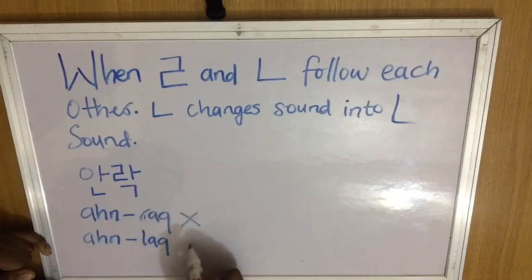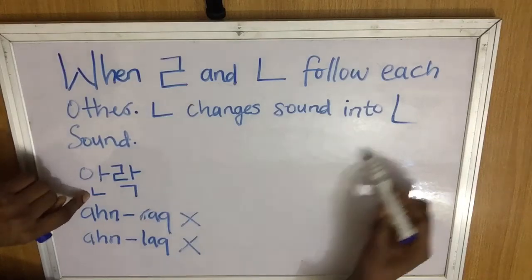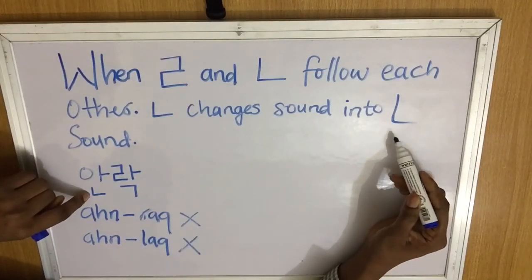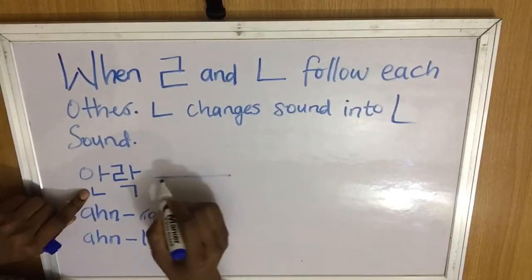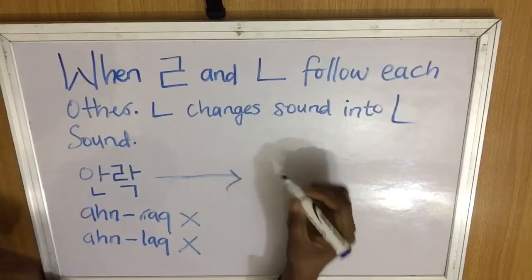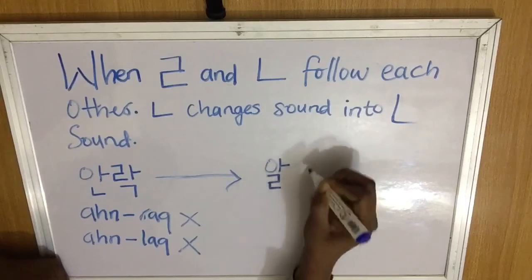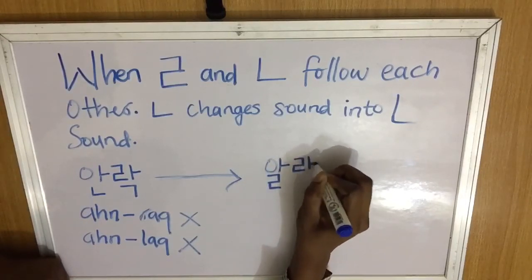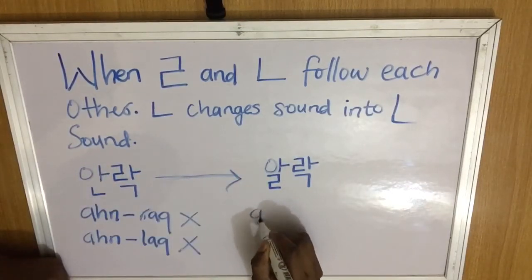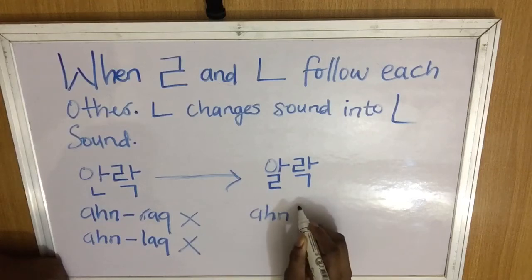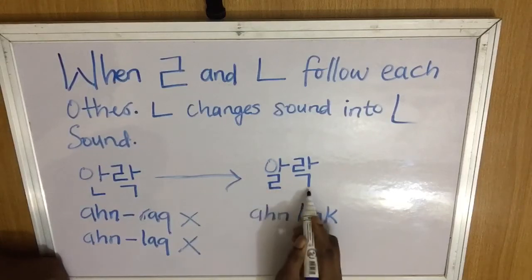But this is wrong and this is wrong. You're supposed to change this N sound into an L sound. So we're going to have a double L sound at the end of the day. So this is supposed to be pronounced as Allak. You pronounce it like this, but this is how it's written. So it's pronounced as Allak.